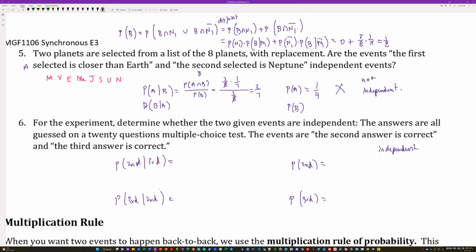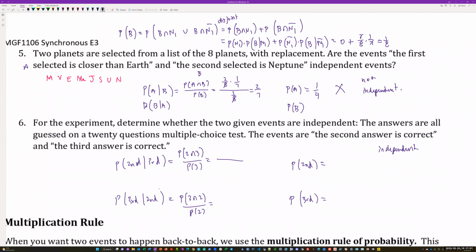So if you want to do this with the formula, which I don't really suggest, well, actually, we can do it, but it's just not very helpful. If you get the second and third correct, they didn't even tell us how many choices there are.